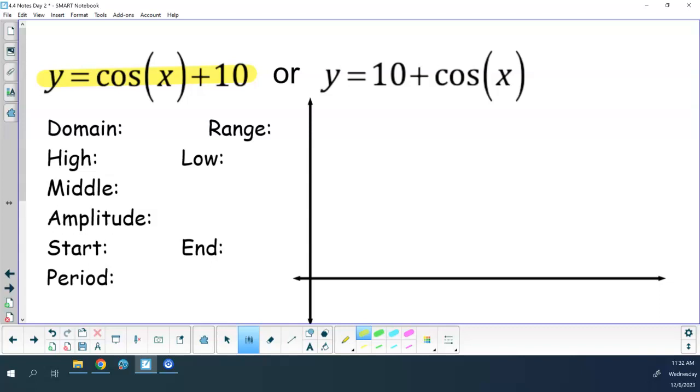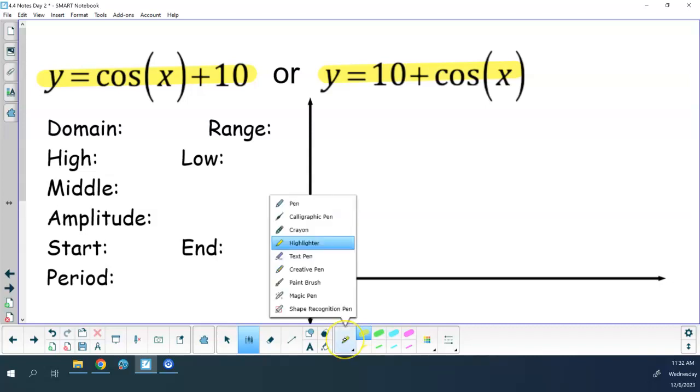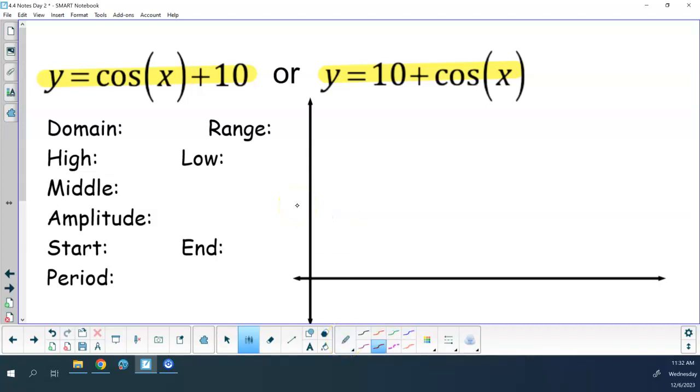But NTC, because you are all in a dual credit class, NTC likes to write it like that, where they put the D in front. Okay? They mean exactly the same thing. All right? So, with that being said, write a little smaller. Okay? What is my domain?